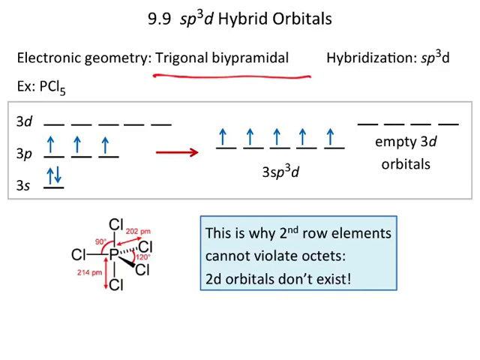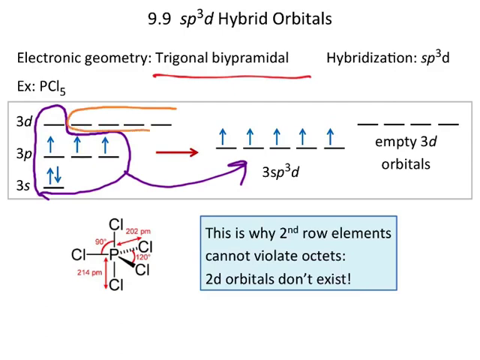Now you need 5 of them, but the problem is if you count these, there's only 4, and so that's just not going to work. So what happens for these molecules that exceed their octet is that in s, all 3 of the p's, and in this case 1 of the d's, will come together and make the hybrid orbitals. Now don't forget that the unused p orbitals over here are still present, so don't forget to include them.